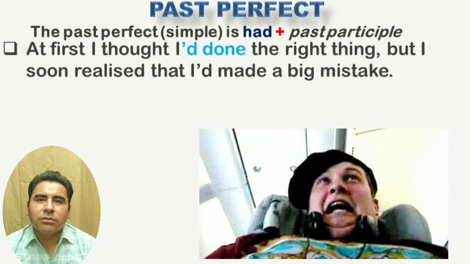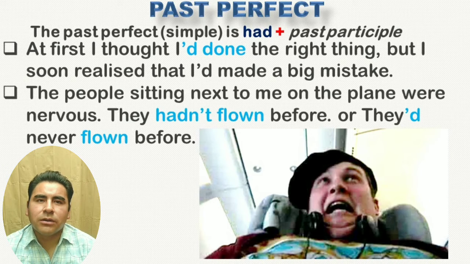The people sitting next to me on the plane were nervous. They hadn't flown before, or they had never flown before. Okay, if you notice, sometimes it looks separated, but not really.